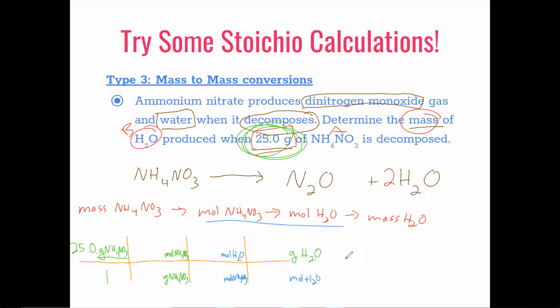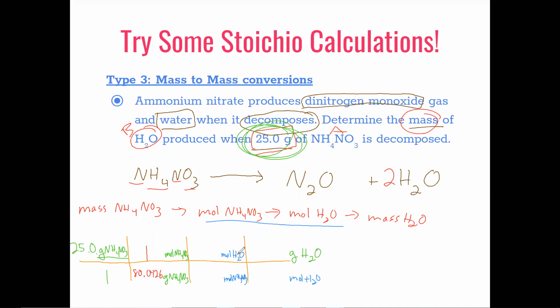So now we can start filling in some numbers. We're going to say, okay, for every 1 mole of NH4NO3, what gram amount is that? Assuming you look on your periodic table, you're going to add up your 2 nitrogens, your 4 hydrogens, and your 3 oxygens to come up with a mass of 80.0426 grams.